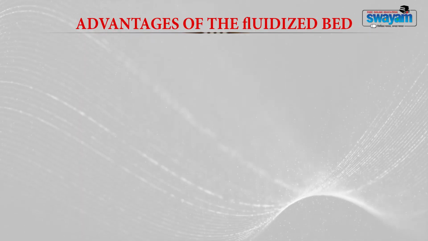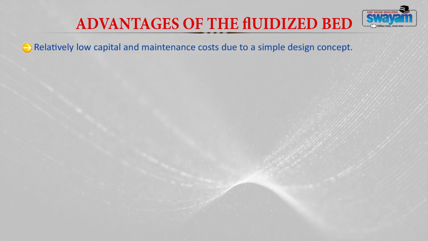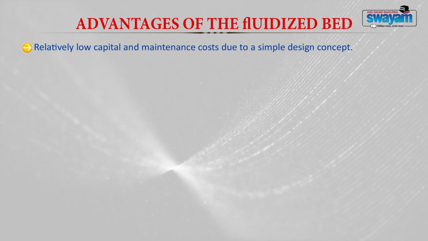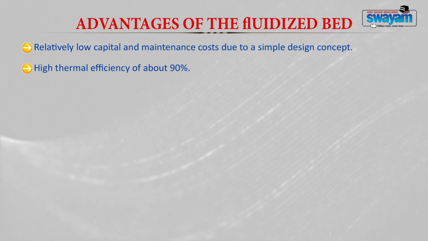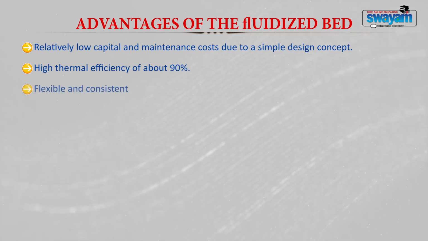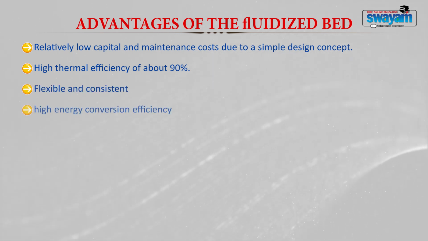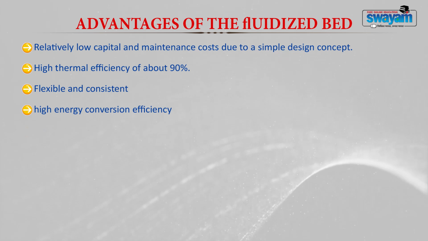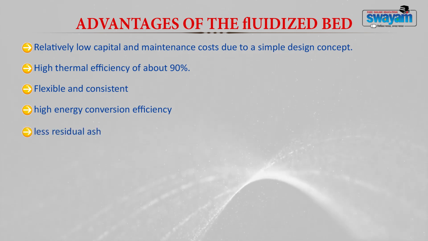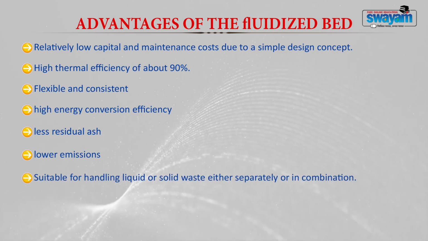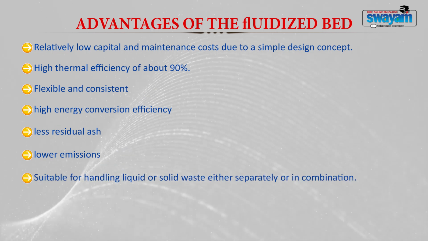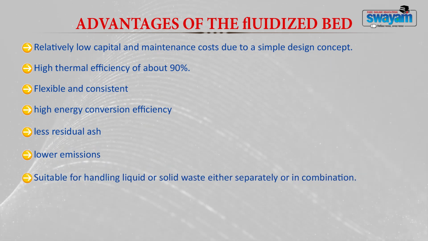Now, advantages, as I told you, relatively low capital and maintenance cost. Due to simple design, high thermal efficiency of up to 90%, they are more flexible and consistent with energy conversion efficiency. Also, they produce less residual ash and lower emissions, and they are more suitable for handling liquid or solid waste either separately or in combination.